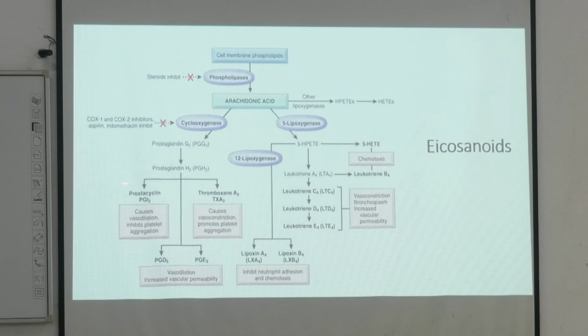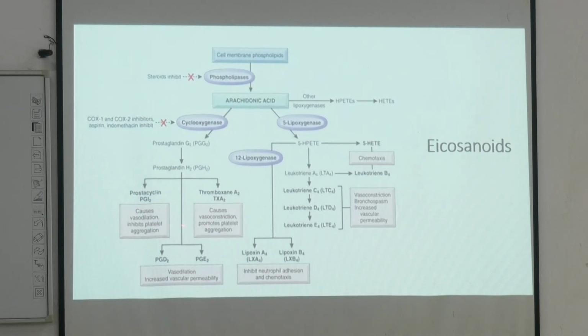But the final two important mediators, the arachidonic acid derivatives or icosanoids, are prostacyclin and thromboxane A2. Prostacyclin is commonly written as PGI2, and thromboxane A2 is abbreviated as TXA2.